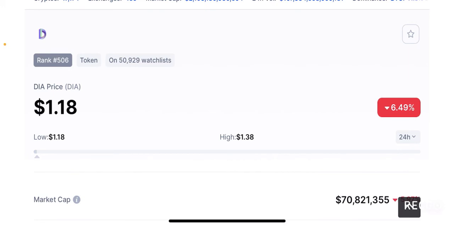So an oracle serves as a pipeline, and I think DIA is definitely positioned to be one of the popular oracle providers in the future as well, with more integrations with projects from Polkadot, Kusama, even with projects in the Cardano ecosystem, and so on and so forth. So I think DIA is definitely well positioned.